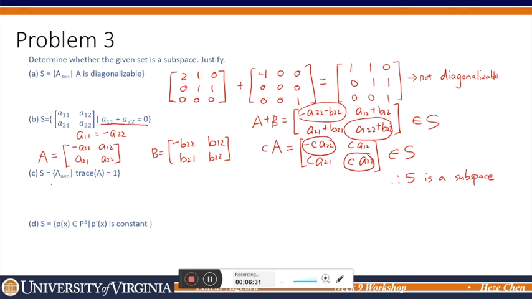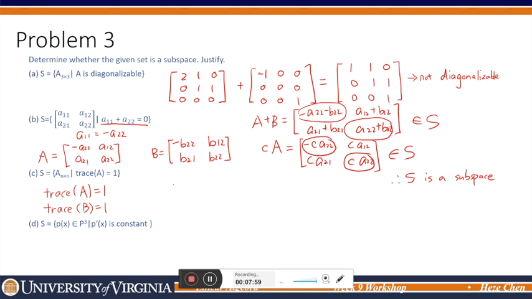C. S is the set of all square matrices whose traces are equal to 1. If we have a matrix A inside S, then the trace of A is equal to 1. And we have another matrix B also inside S, so trace B is also equal to 1.